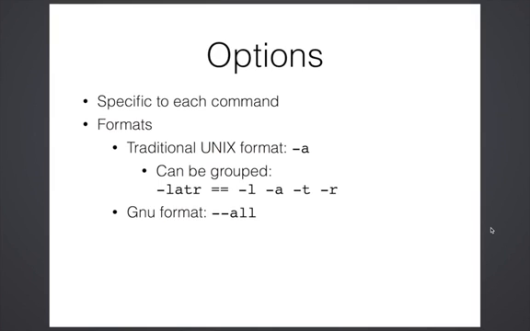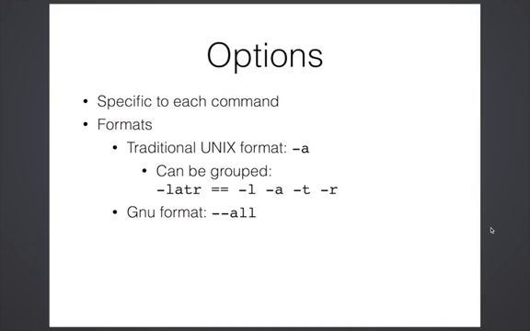And then there's the GNU format for options, which is a little more typing, but is a little more explicit, a little more readable. In the GNU format, instead of -a, it would be --all. And the GNU format starts with two dashes and then a word for the option instead of just a single letter. And many commands, you'll notice if you look at man pages or help screens, will take options in both formats.